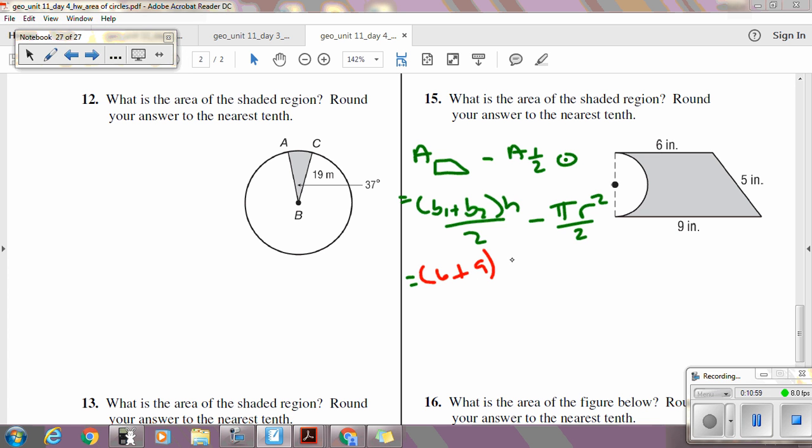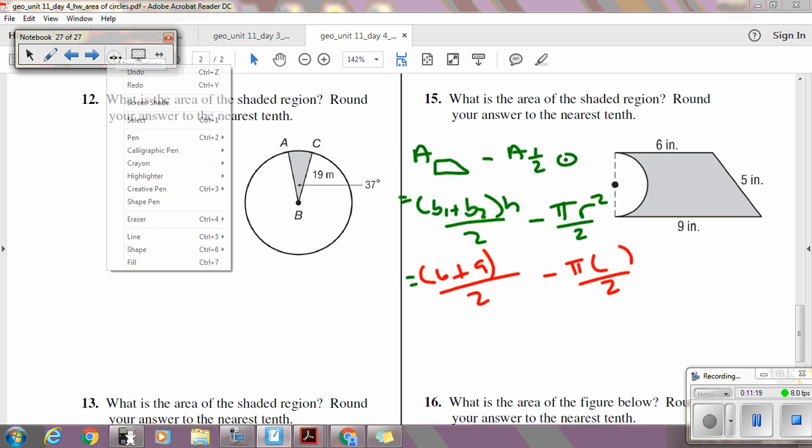My height for my trapezoid I need to still find. For my circle, my radius I need to find as well. Once I find the height of my trapezoid, I can find my radius.